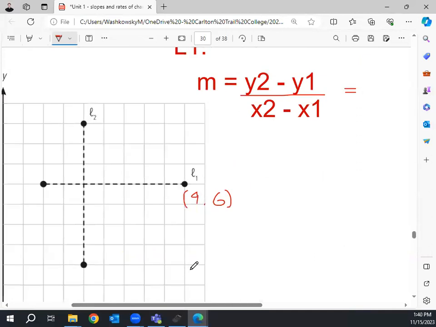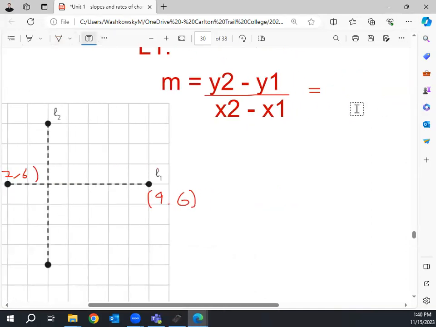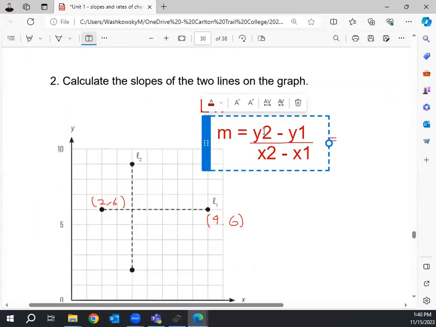So I'm just going to go into this one here and label my points. I have 9 and 6, and this other one on line 1 is 2 and 6. So I'm just going to substitute that in. My y2 here is going to be 6 minus my y1, which is also 6.